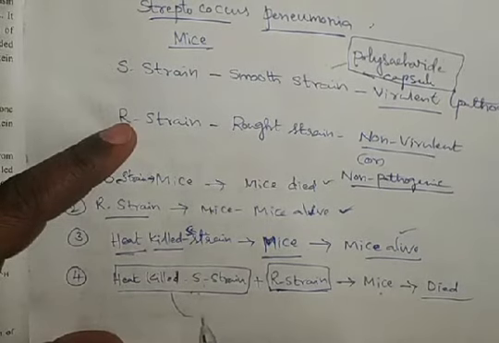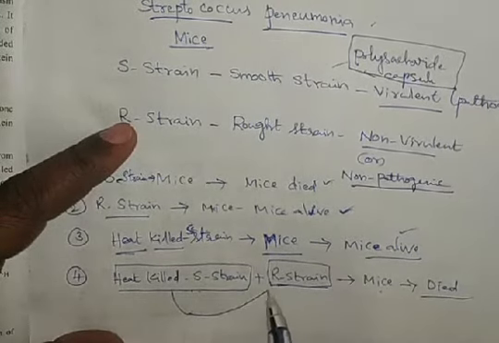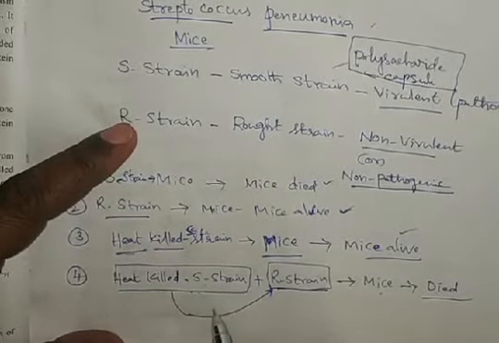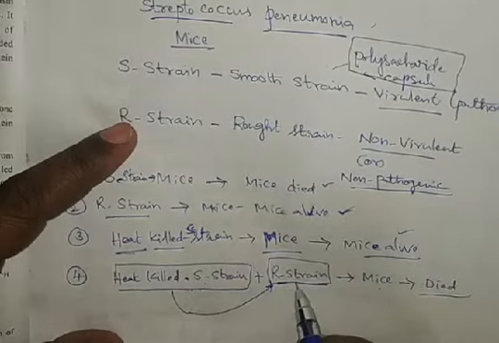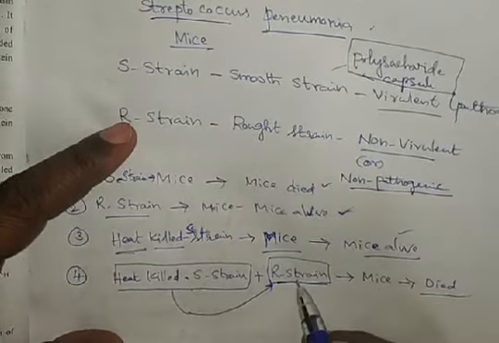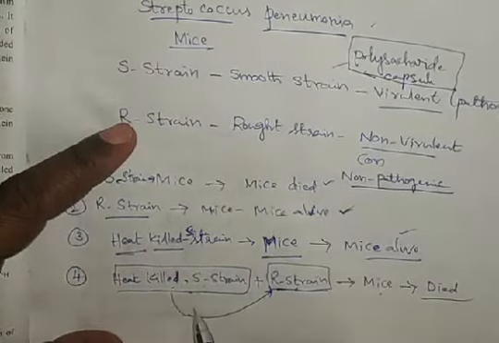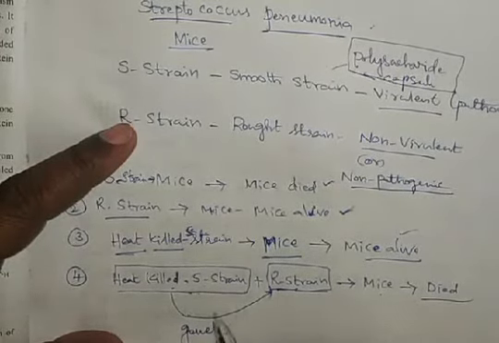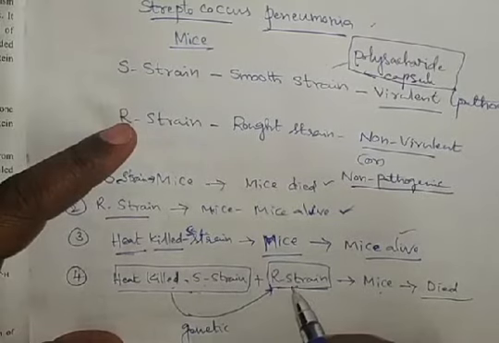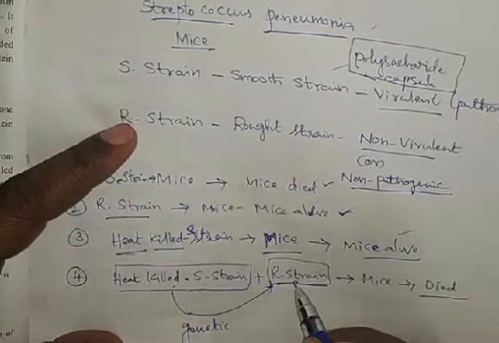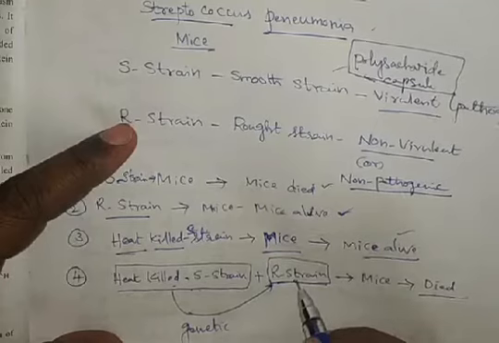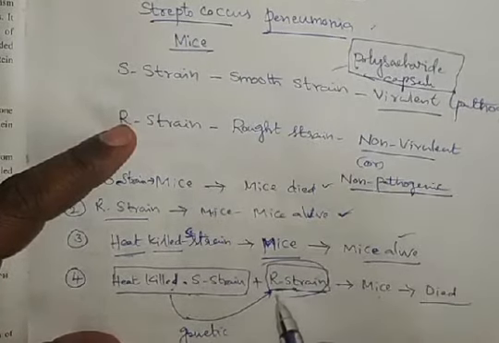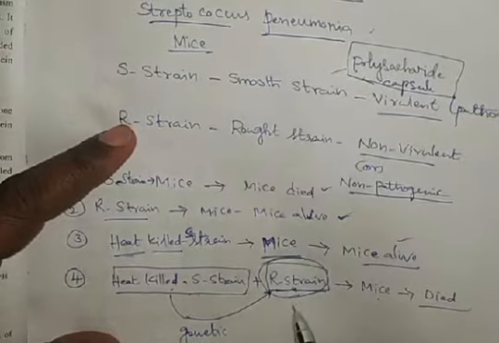The genetic material of the heat killed S strain enters into the R strain and enables it to synthesize a polysaccharide capsule around the R strain.